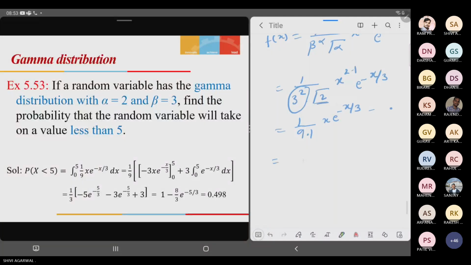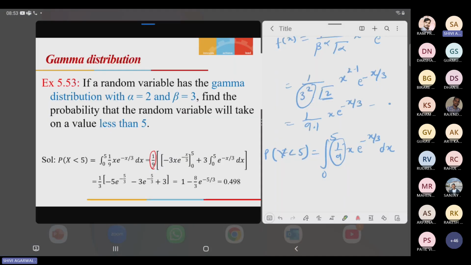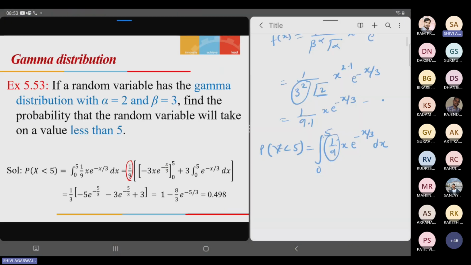Okay, so probability when x is less than 5, we can calculate 0 to 5, 1 upon 9 x e to the power minus x by 3 dx. We can take 1 by 9 outside, and we can integrate it by parts. So that is a simple integration by parts that you have to do.